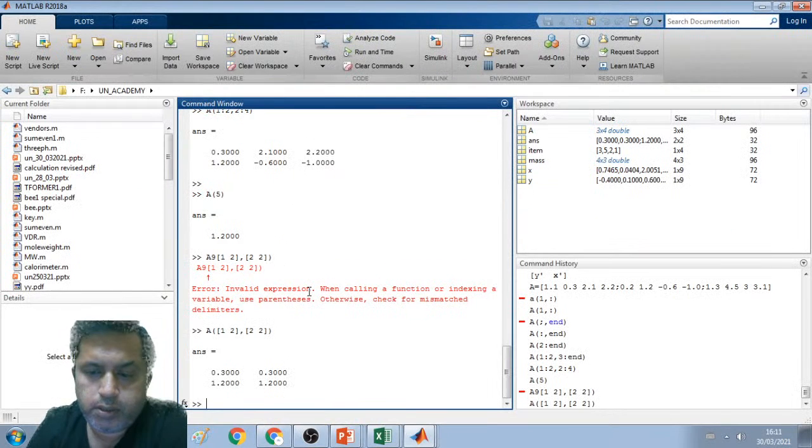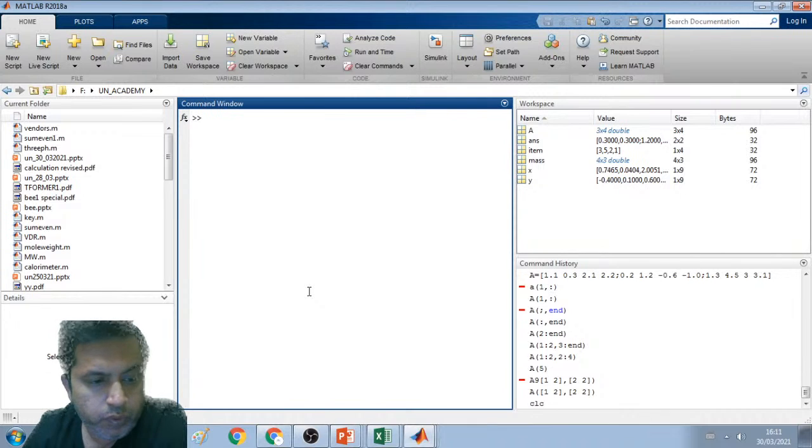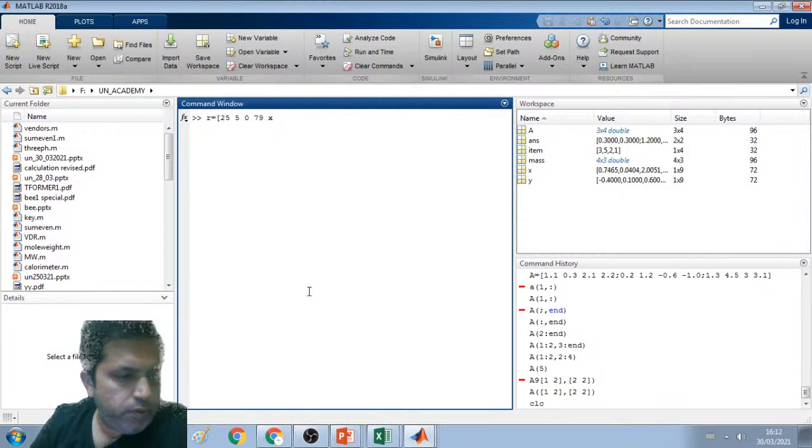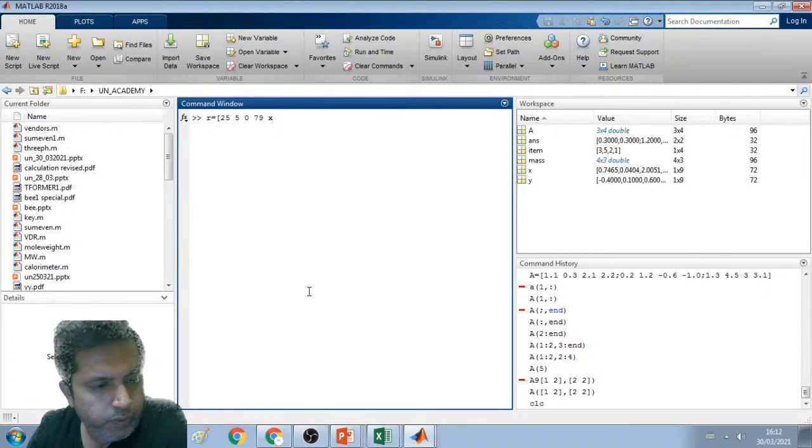Okay, so let us do hands on simple CLC. I will write down a row vector R is equal to 25 space 5 space 0 space 79 space x dot cap 2, or rather I will say x cap 2 space sine pi by 3, space 12.15.